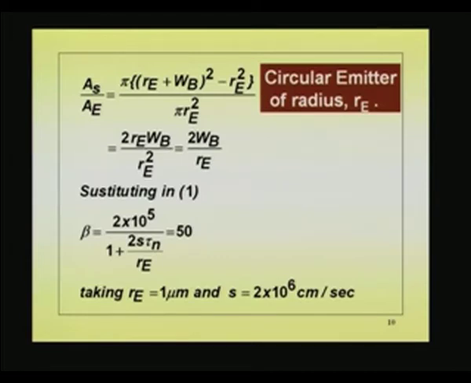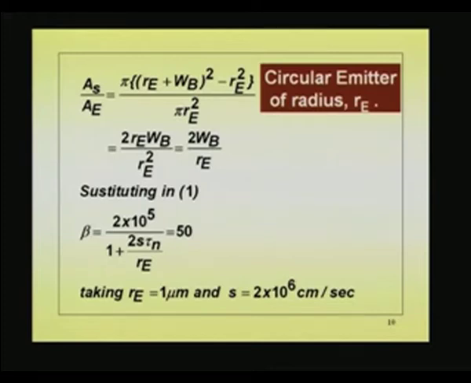Pi gets cancelled, Re squared and Re squared get cancelled in the numerator, and you have twice Re into Wb divided by Re squared. I have neglected one term here, which is Wb squared, because Wb is small compared to Re. Even if Re is 1 micron and Wb is 0.1 micron, Wb squared is 100 times smaller compared to Re squared, or 10 times smaller compared to Re Wb. Usually it is much smaller than that.